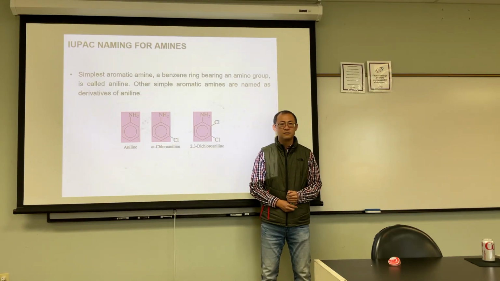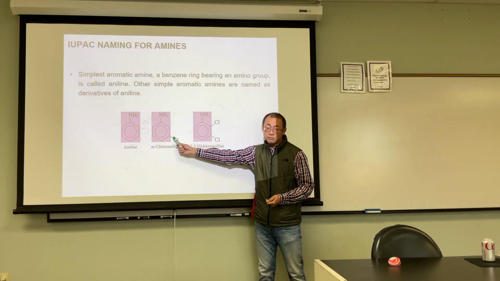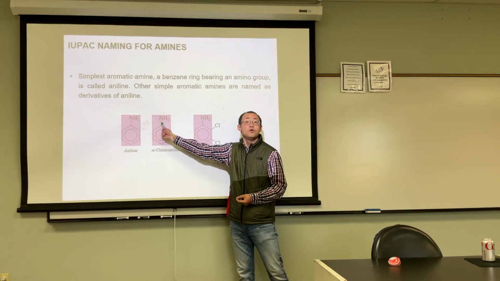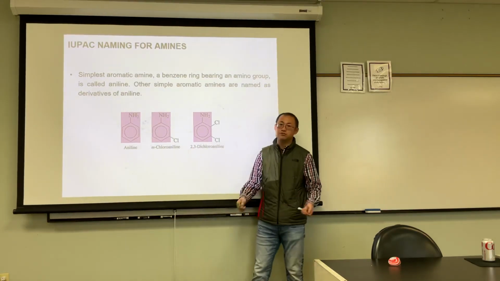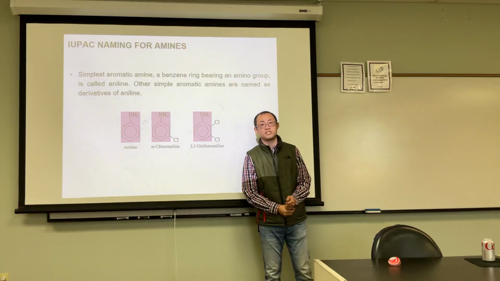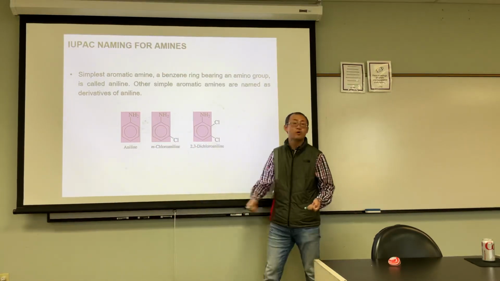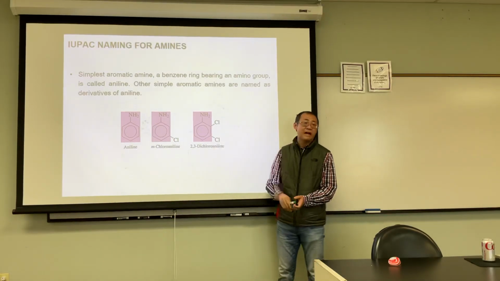Aniline. And if you have that parent name, that carbon is always number 1 carbon. So just name based on what we studied before in chapter 2. Okay, that's 3-chloroaniline or m-chloroaniline. This is 2,3-dichloroaniline.